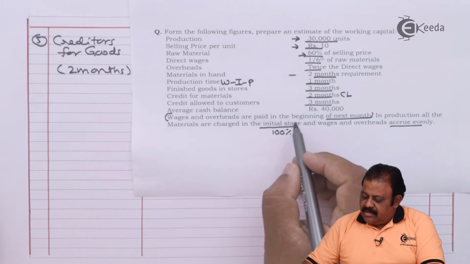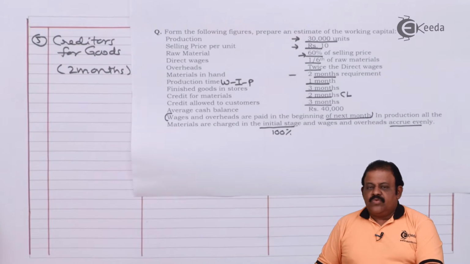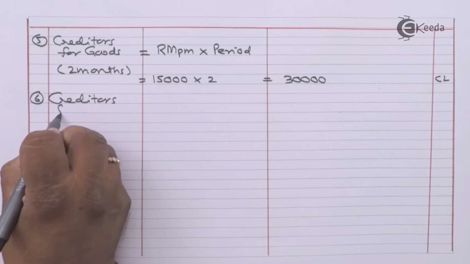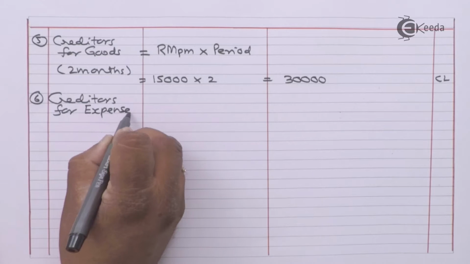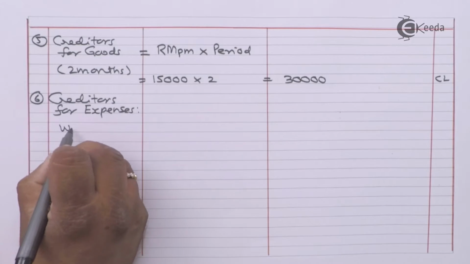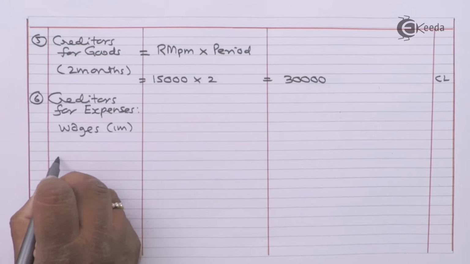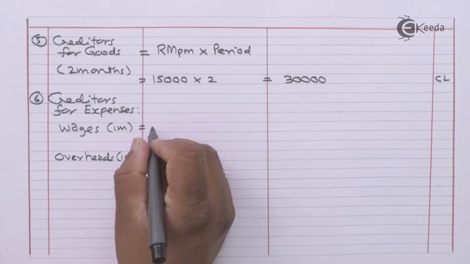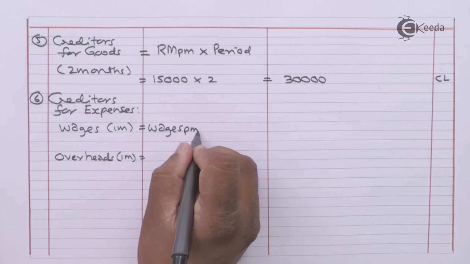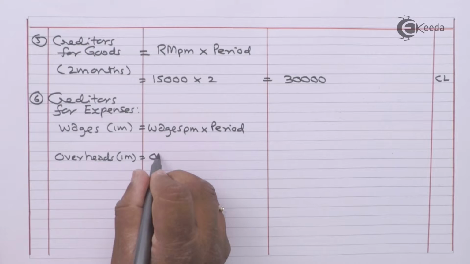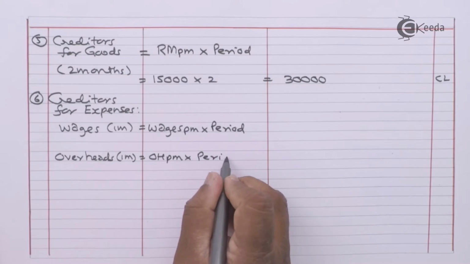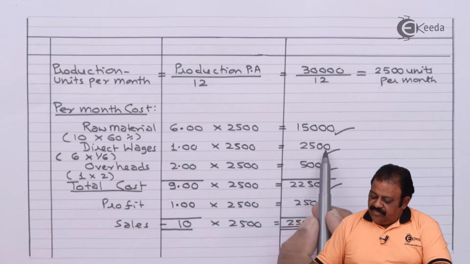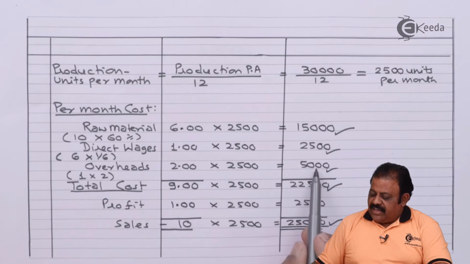Wages and overheads are paid in the beginning of next month. So 1 month arrear. Wages per month 2,500.